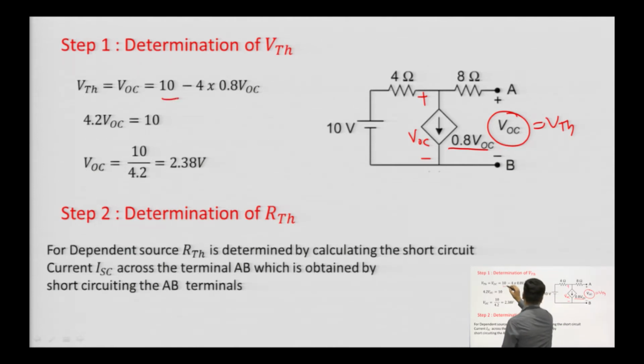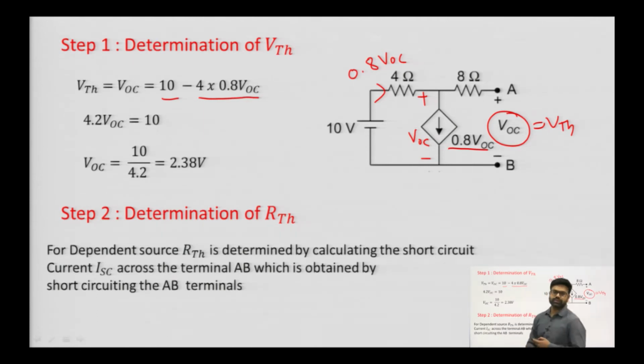Because this is open circuit, the current flowing in this will be 0.8 VOC. So, 10 minus 4 into 0.8 VOC, or 4.2 VOC equals 10, so VOC equals 10 divided by 4.2, and we get VOC as 2.38 volt. This is how we obtain VTH or VOC in the case of a dependent source.